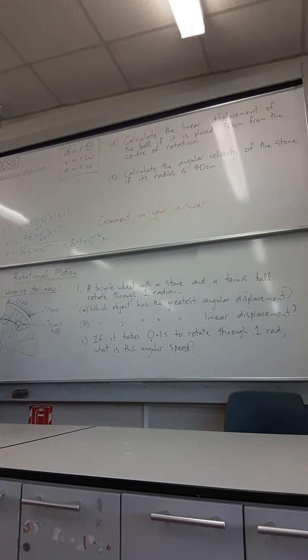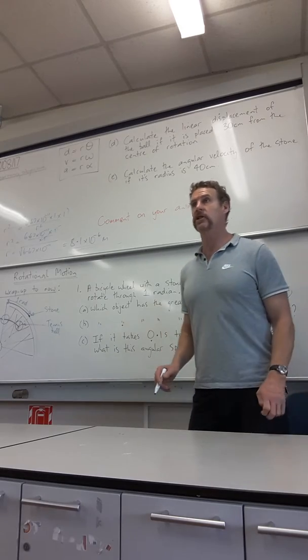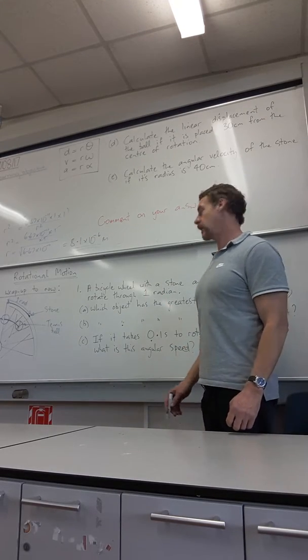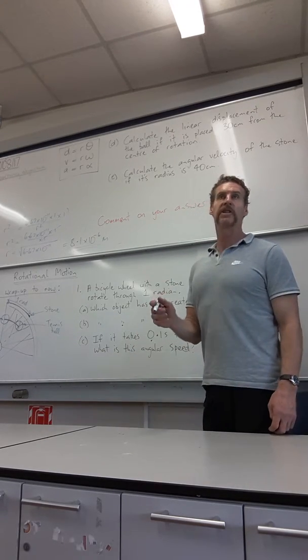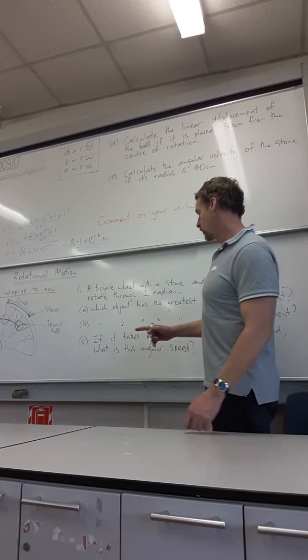If it takes 0.1 seconds to rotate through this 1 radian, what is the angular speed? Now, the formula's not up here, but it's just like all our linear formulae. You know, like speed is distance divided by time. What's the angular displacement in this case here?